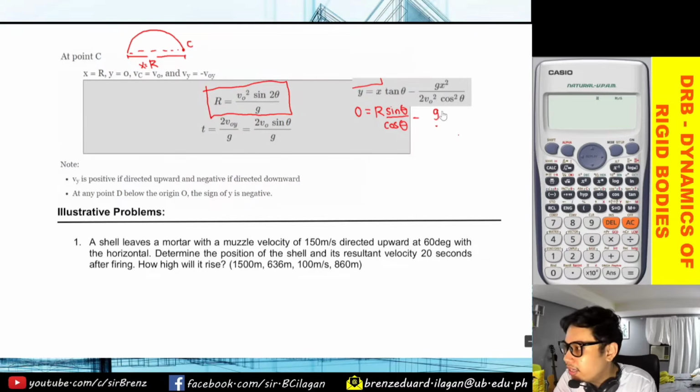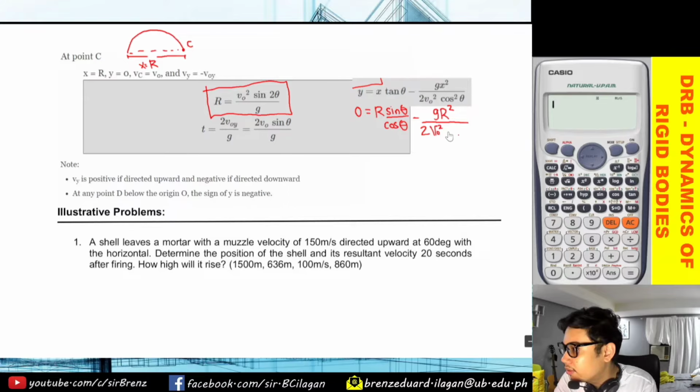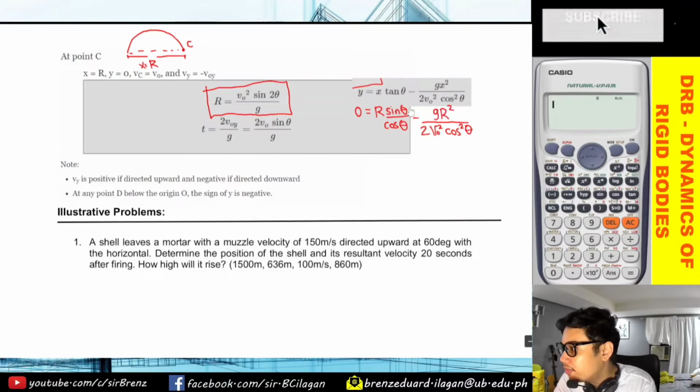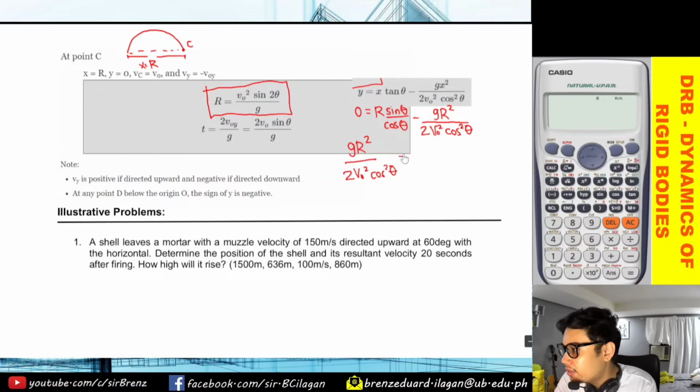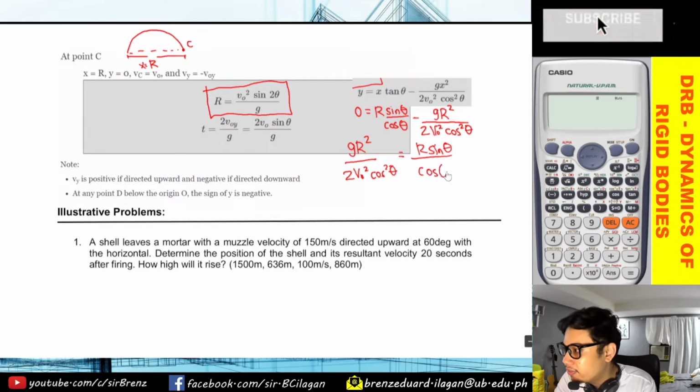And then yung x, magiging R. So, magiging g R squared over 2 V0 squared, i-retain lang natin to, cosine squared theta. So, itatranspose ko tong part na to doon sa kabila, or the equation will be g R squared all over 2 V0 squared cosine squared theta is equals to R sine theta all over cosine theta.